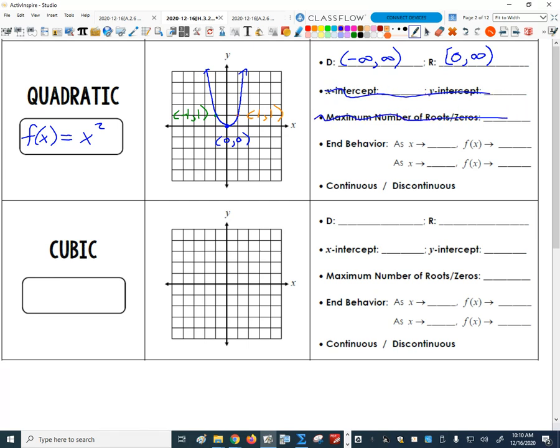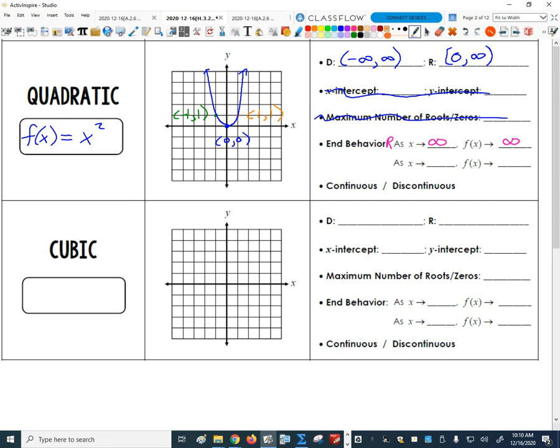The end behavior, what's my right end behavior going to be for this function? As x approaches infinity. Good. F of x approaches infinity. Yes, it is. Good. And my left end behavior?